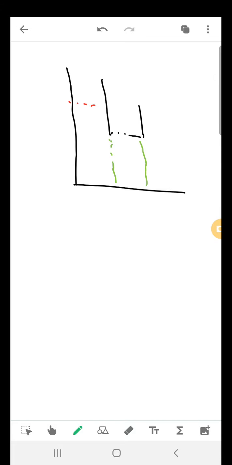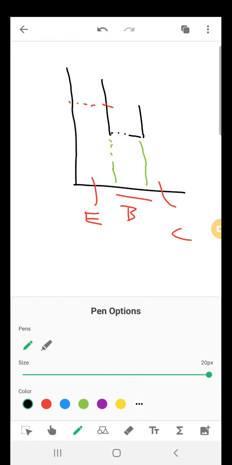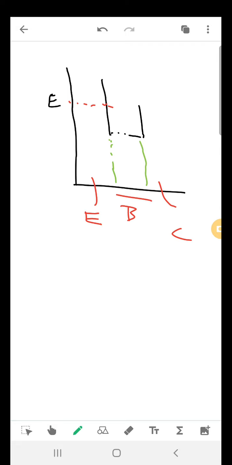This is the emitter side, this is the collector side, and this is the base. The barrier height of the emitter side is 0.7 electron volt, and for the collector side it is 0.6 electron volt.